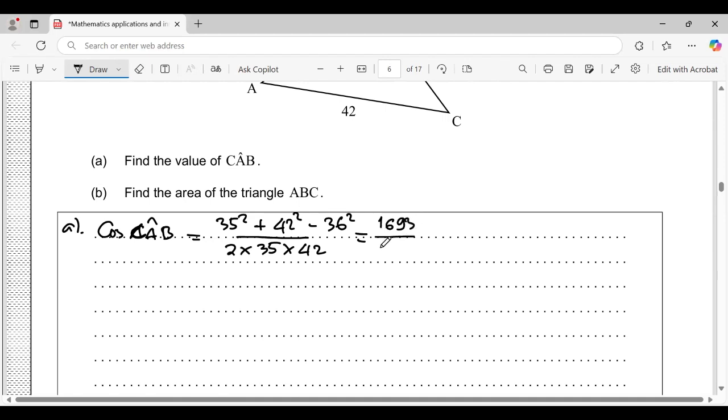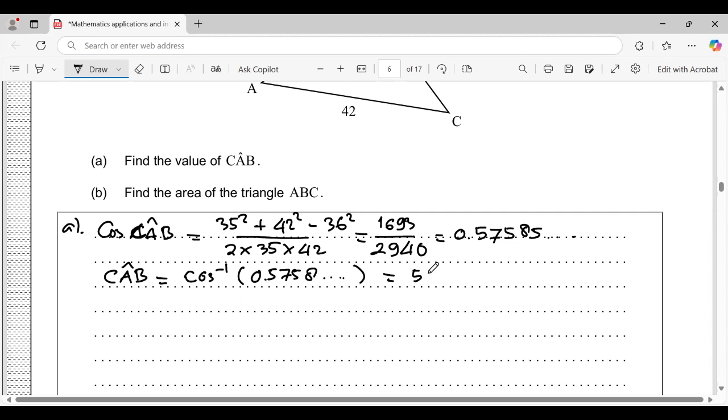That is 1,693 divided by 2,940, and the result is 0.57585, and so on.